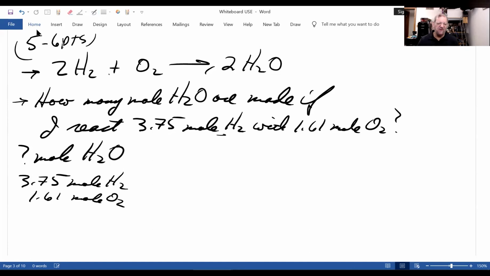Well, this is a limiting reactant problem. And I didn't have it on my slide, but I put it in the important information, which has disappeared. I have to open it again. Hold on.